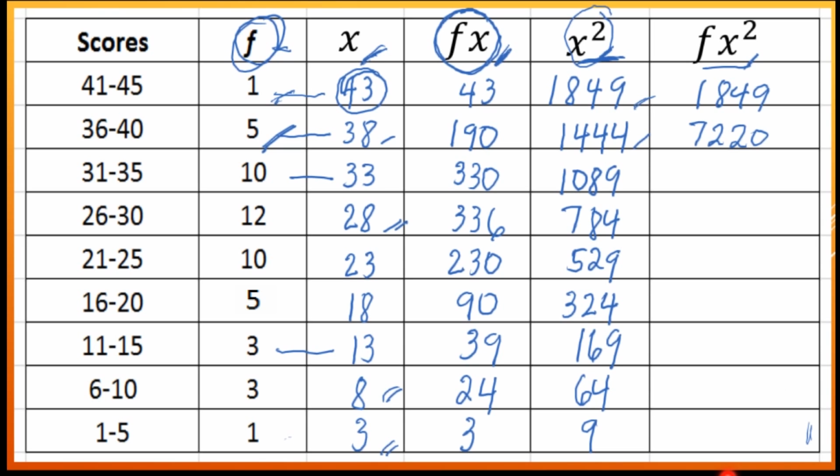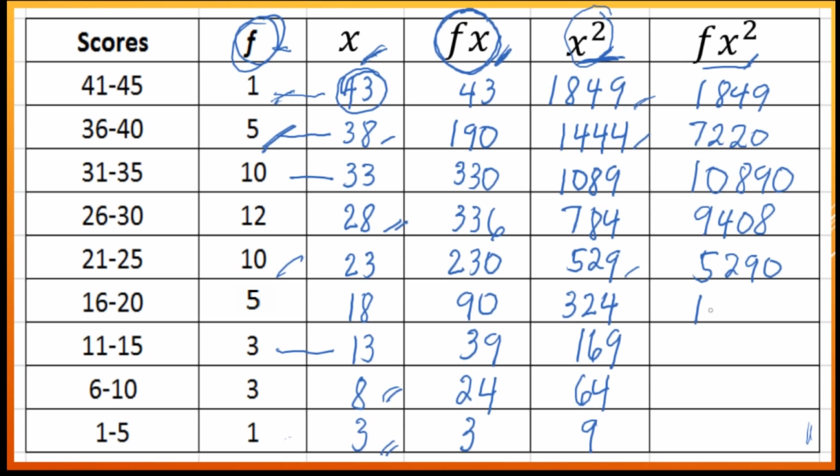So let us multiply it. 10,890. Next is 9,408. Next is 10 times 529, we have 5,290.